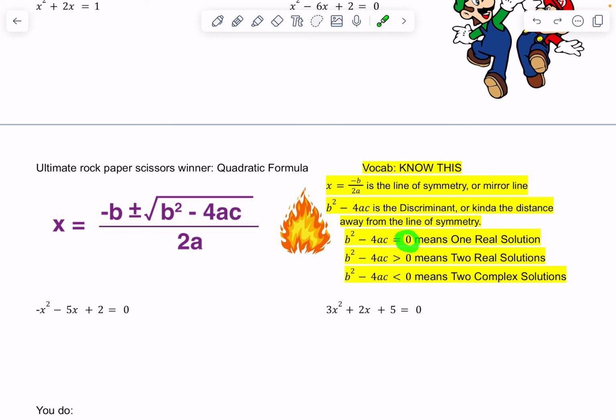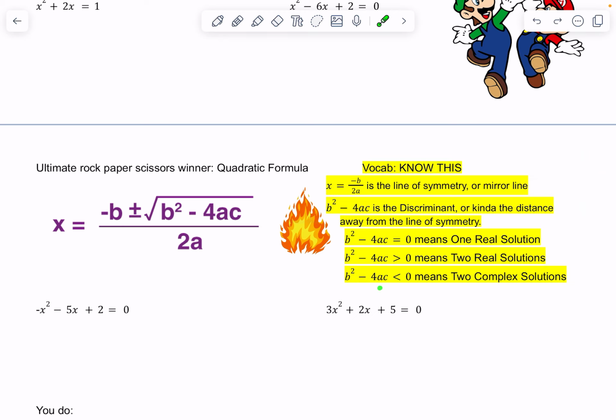If it equals 0, that means that from the line of symmetry, there is no change in that point. So there's only one solution. If the discriminant is a positive number, that means it's going to have two solutions. So it's going to be down like this. Here's my line of symmetry. There's a distance here. There's a distance here. So it's going to be two solutions.